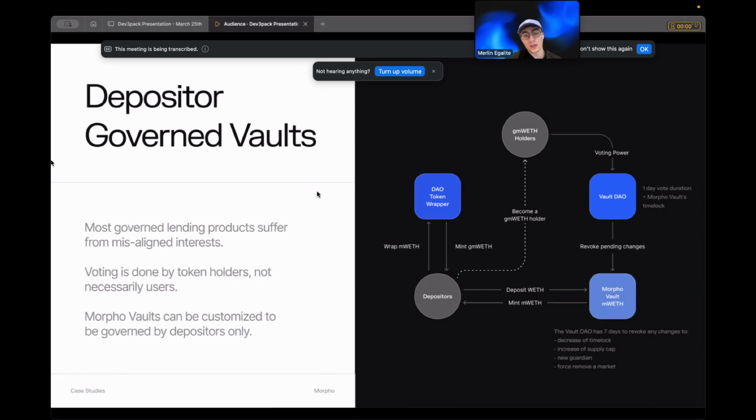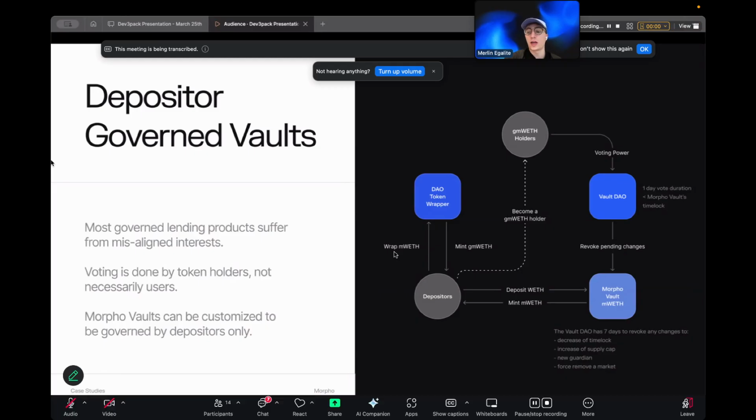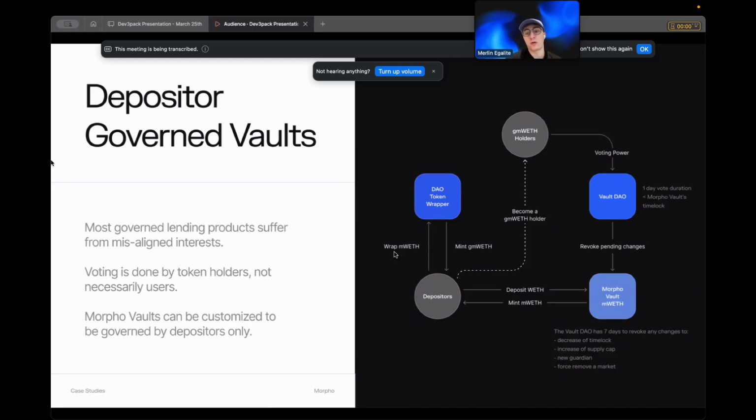Using Aragon, which is a DAO setup, maybe I can go a little bit into the details, but with Aragon, you can create that kind of mini DAO where every depositor as an individual can create a vote whenever there's an action at the vault level and revoke that action. And that mini DAO is set as guardian.